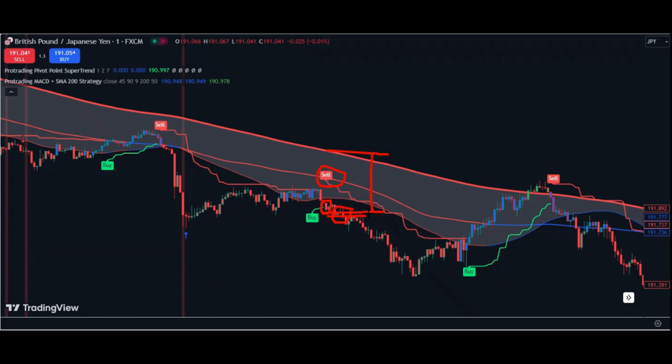From this point to your entry is your risk. So if your risk at this point is 30 pips, then here your take profit will be 60 pips.